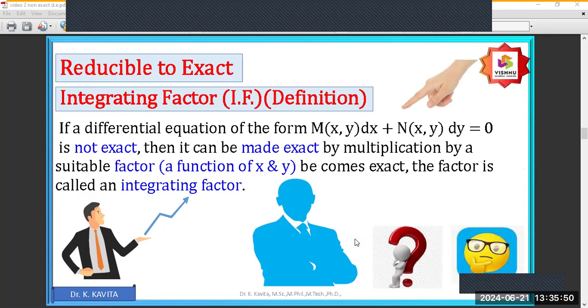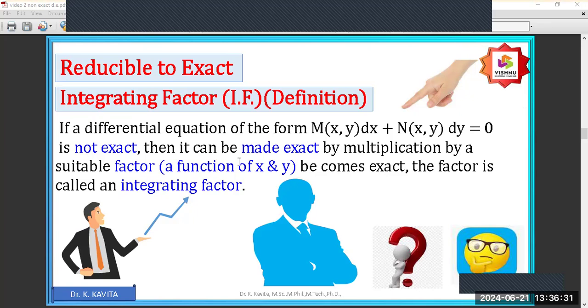Next, the fourth one, reducible to exact, integrating factor. A differential equation of the form M dx plus N dy equals 0 that is not exact, we need to convert into exact by multiplying by a suitable factor, a function of x and y. That factor is called the integrating factor. This integrating factor plays a vital role when we are getting the general solution. So actually, this is the first method.